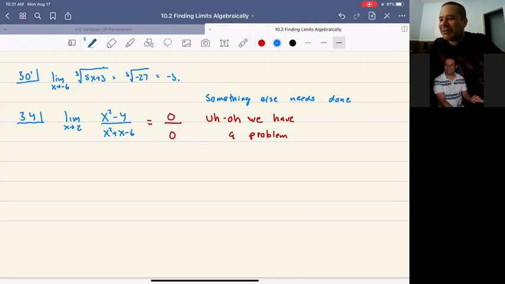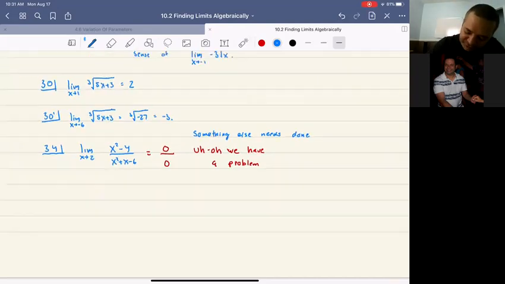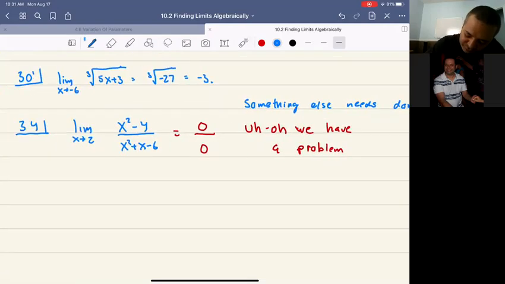So not only do I have to factor it, but I already know what the factor is to cancel out. We're going to take the limit as x approaches 2.